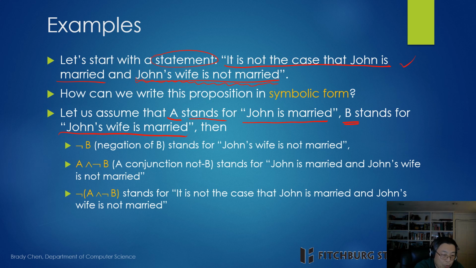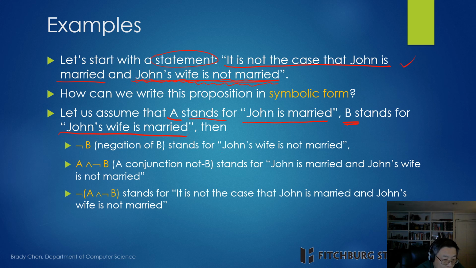Now the statement contains a small portion that says John's wife is not married, but B says John's wife is married. So how can we build this small portion using the proposition B? The difference is very trivial. John's wife is married, that's B. So it looks like we can use one of the operations called negation to build another statement.